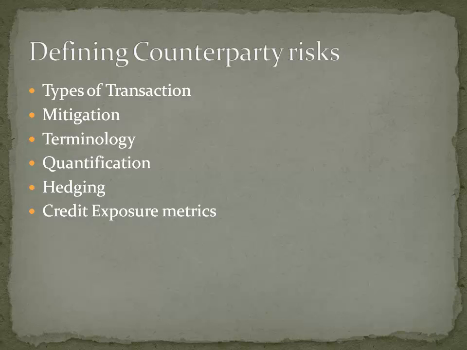Potential future exposure is the worst exposure that could occur at a given time, and it is the amount at risk if the counterparty defaults. Maximum PFE is the highest PFE value at a given time.